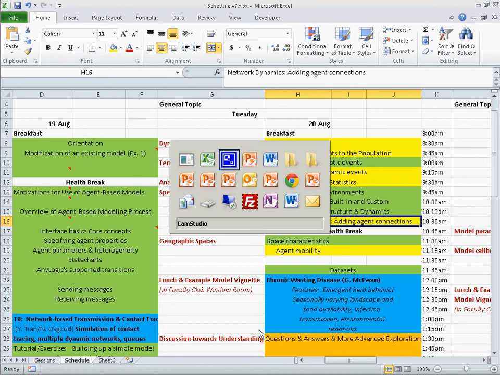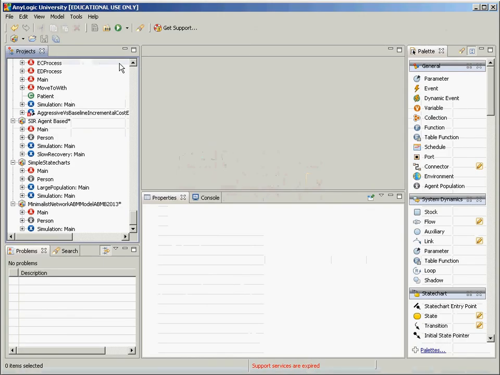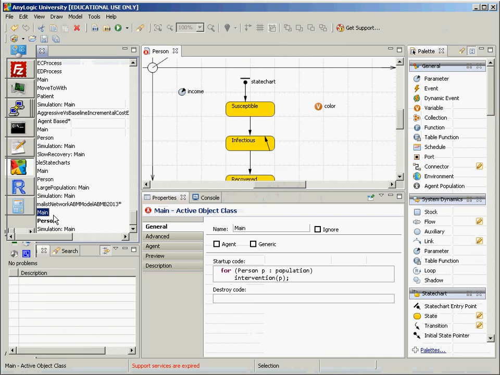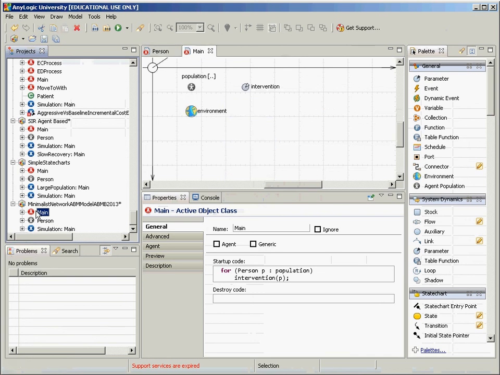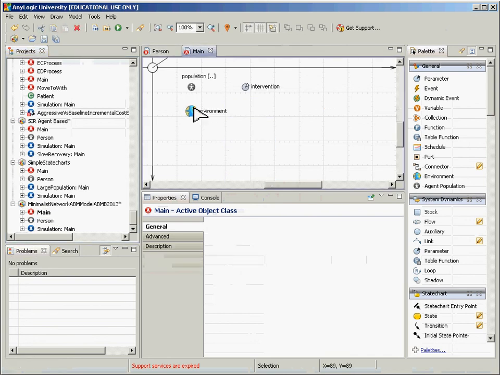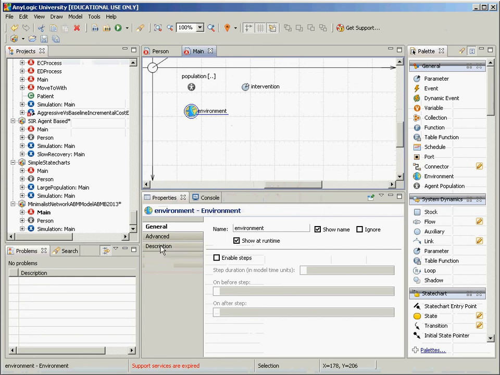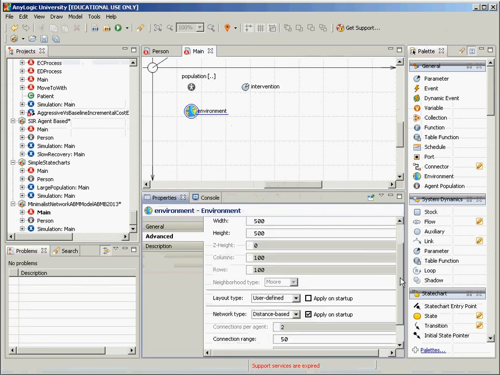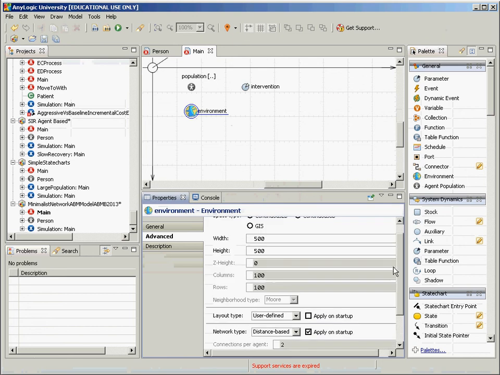So I hear this, and what David's talking about are things which you and I visualize in our head, but the others are probably somewhat innocent of these issues. So if we were to go into AnyLogic and go to the environment, you notice we can pick a network type and a layout type. This is what we were talking about. And what I was saying before, let's double click this.